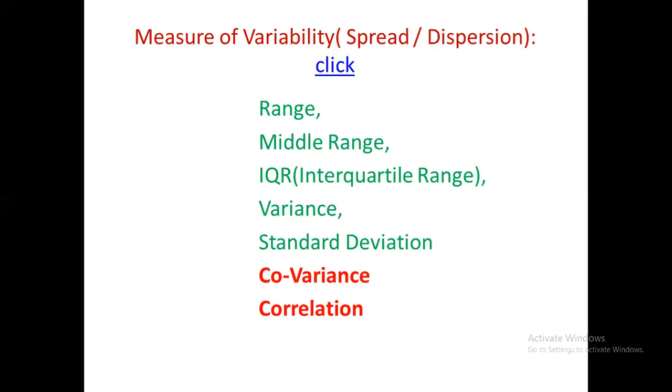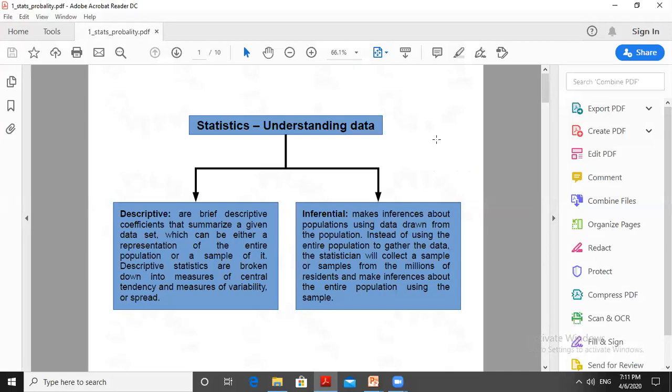Last class I discussed the concepts of range, mid-range, IQR, variance, standard deviation, covariance and correlation. So let's see those definitions once.